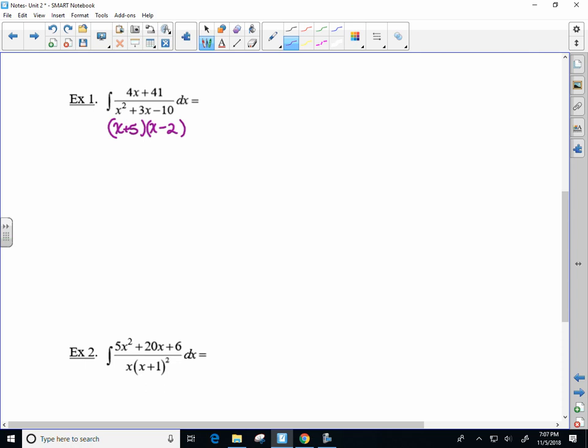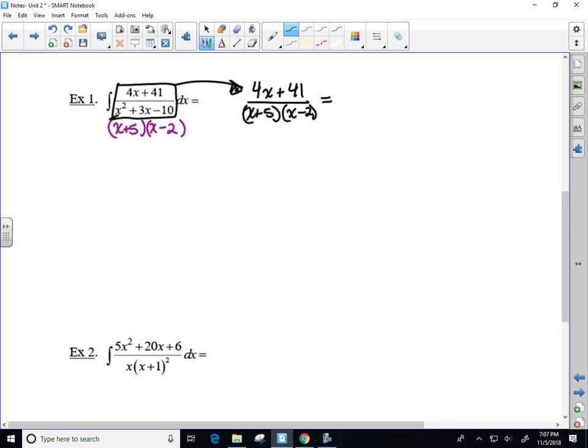We have 2 distinct linear factors. All right, so what we're going to have here, and you can look at the table above, I'm going to just take this and write it with a little arrow here: (4x plus 41) over (x plus 5)(x minus 2).